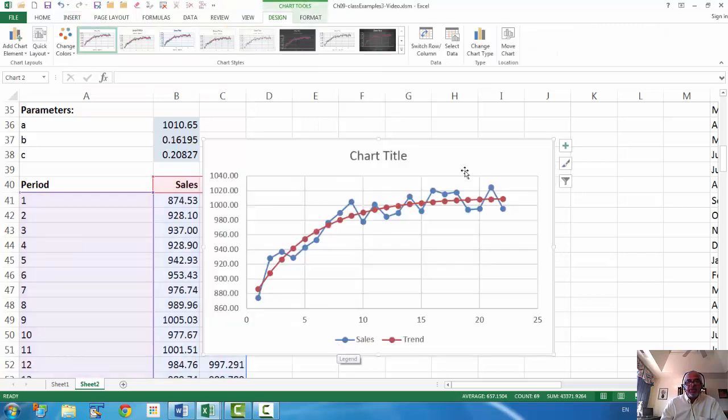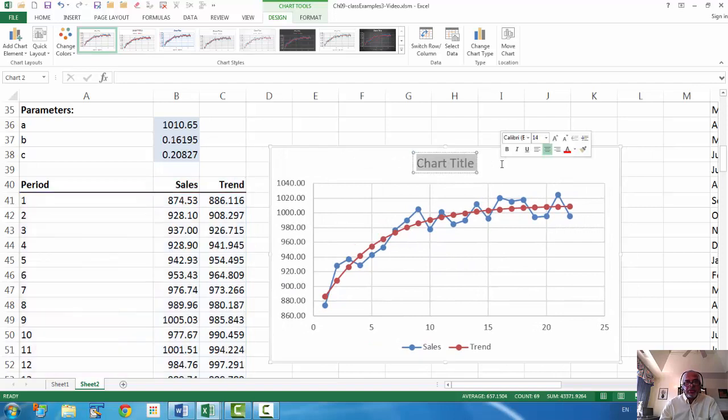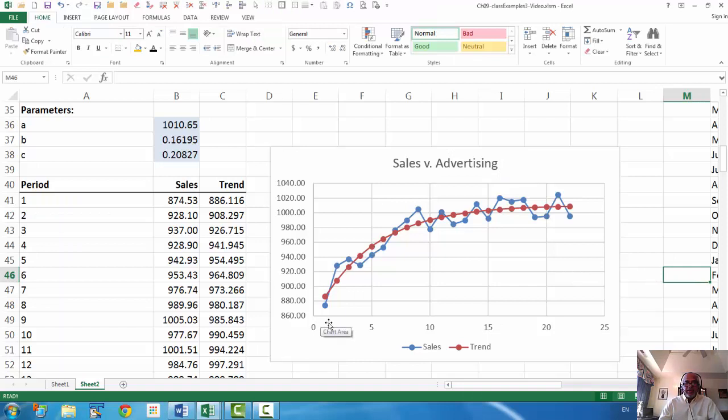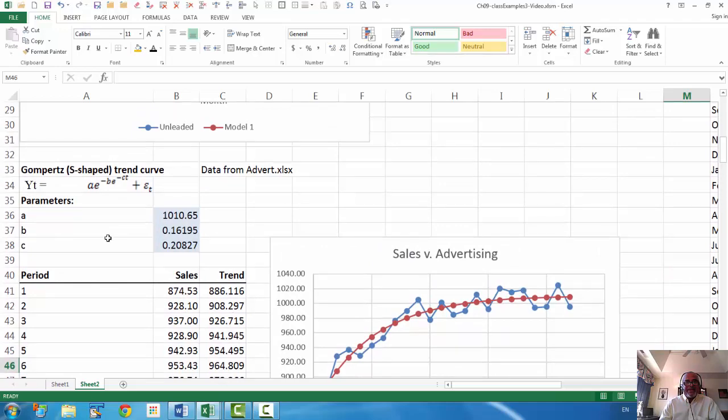So this is sales versus advertising. And you see that this kind of function approximates your trend more closely. So this is a way of fitting the S curve.